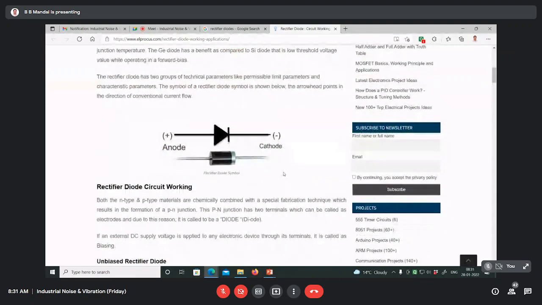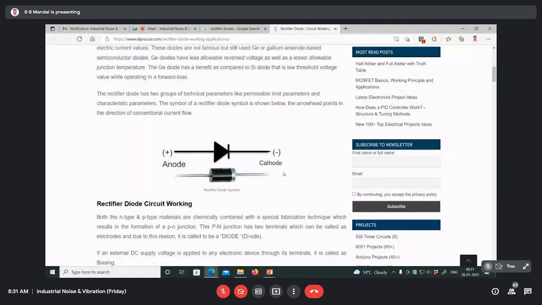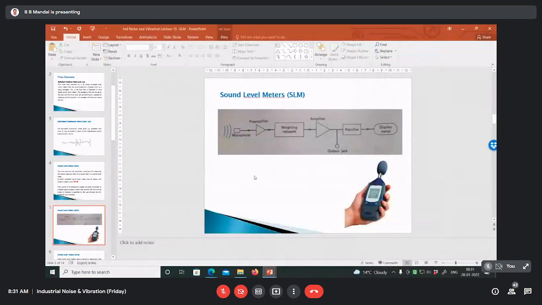So now I think you remember the anode and cathode and this part. What we do actually is pass the signal through the rectifier.